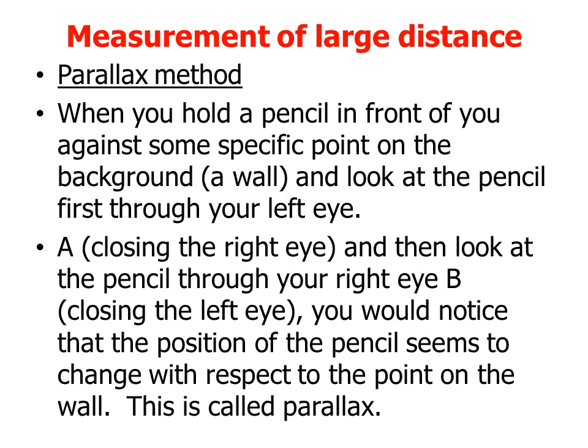If you are closing your left eye, that is position A. If you are closing your right eye, that is position B. Vice versa you can change, no issues, but A and B are distinct. If you are closing one of the eyes, the position will be different. So you would notice that the position of the pencil seems to change with respect to the point on the wall. This is called parallax.